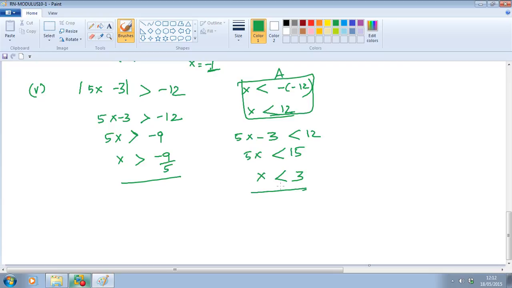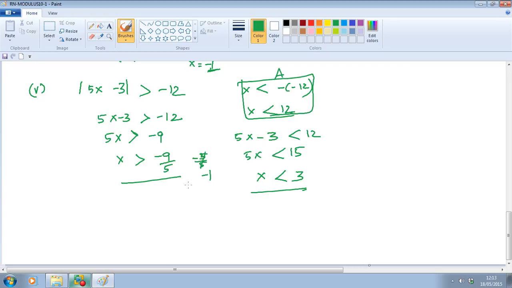To check the answer, we will take both and try to apply. Let us take one example: x is greater than minus 9 by 5. Suppose we take minus 5 by 5, or simply minus 1.